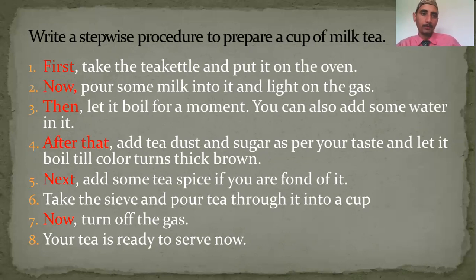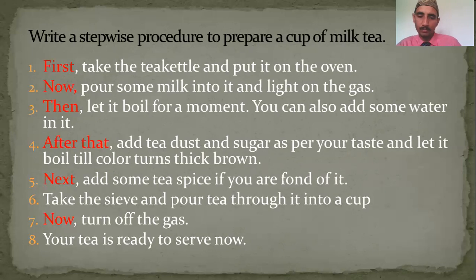So if you observe these numbers 1 to 4, you can find the linking words here, for example, first, now, then, after that, which are followed by a comma. And second, there is the imperative sentence. In number 1, take the tea kettle and put it on the oven. Second, pour some milk into it and light the gas.